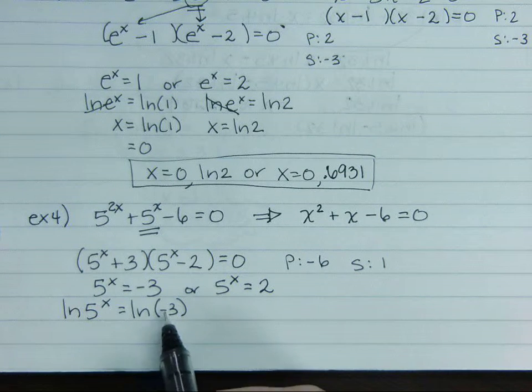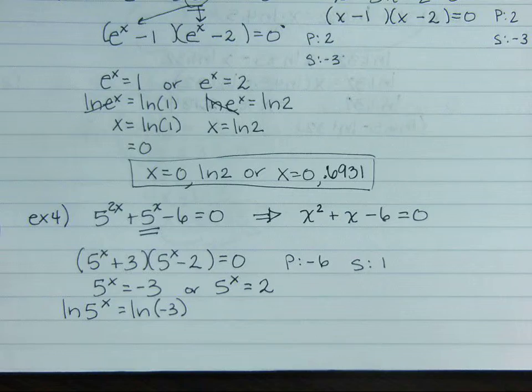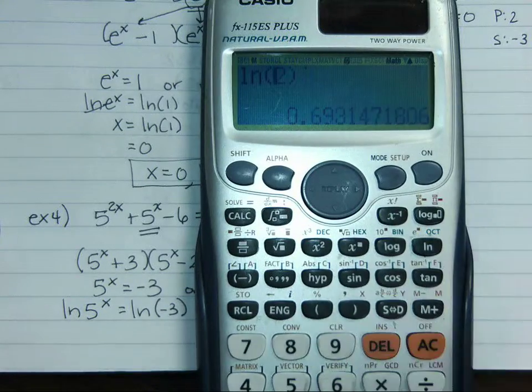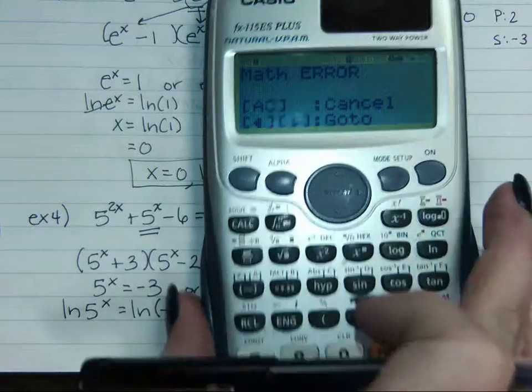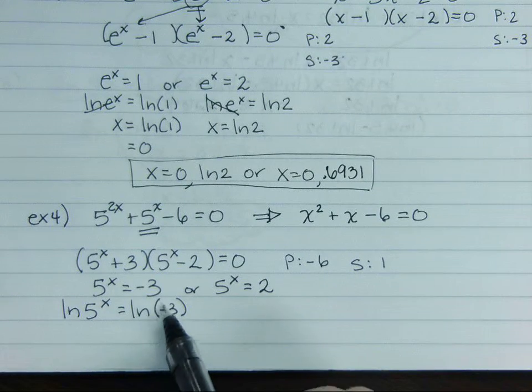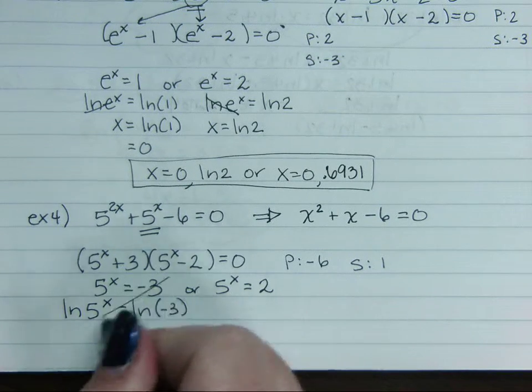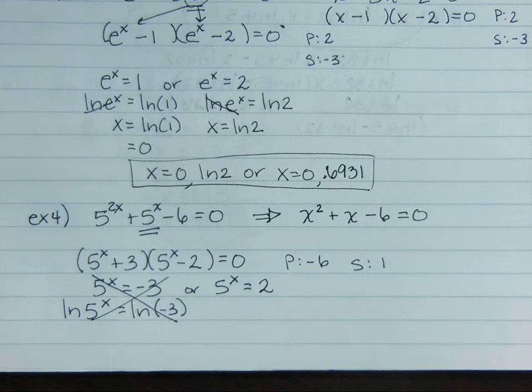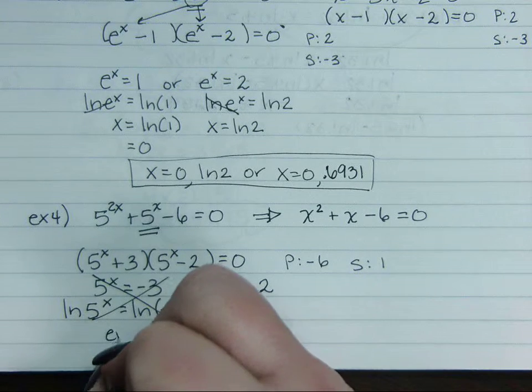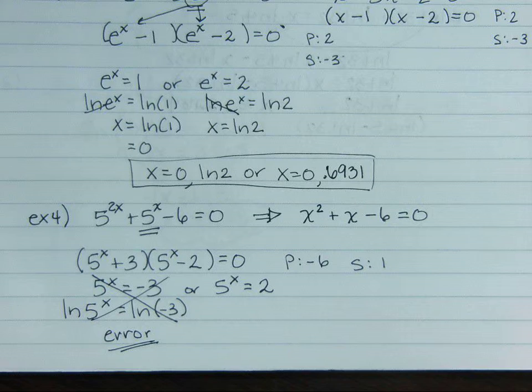Right? And this is going to be a problem. All right? You can check it in your calculator that if you take the ln of a negative number, you're going to get an error. So since you can never have a negative number next to ln, I'm not even going to bother with that answer anymore. All right? So if you get an error in your calculator, it means that you're trying to input something that doesn't work.